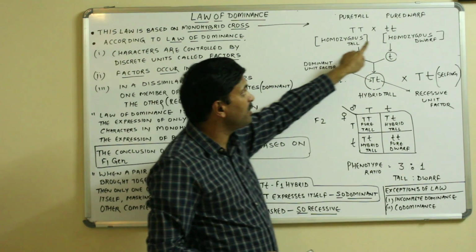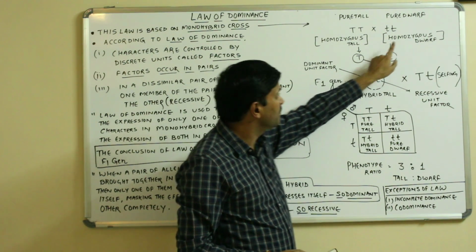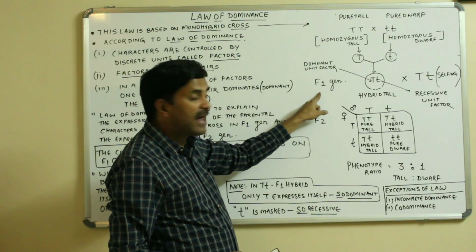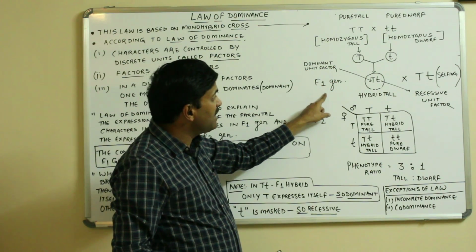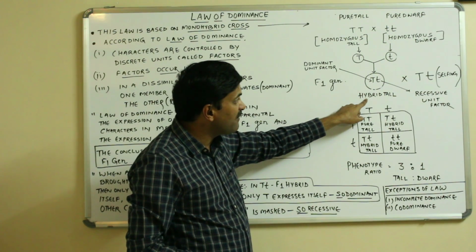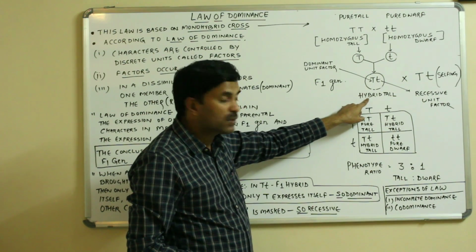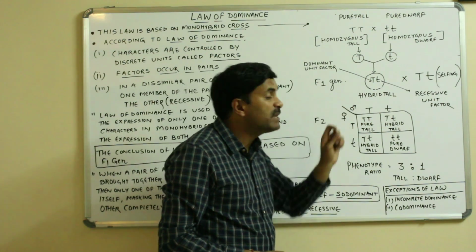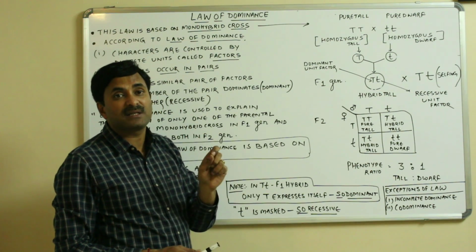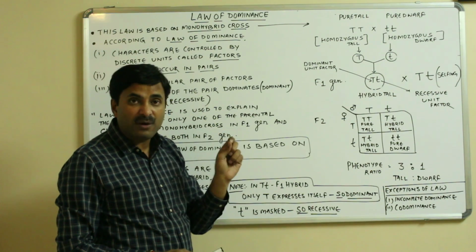This is homozygous tall. This is homozygous dwarf. When they are crossed together, the F1 generation is produced, and in this F1 generation I have written that the offspring or progeny are hybrid tall, meaning 100% are hybrid tall.